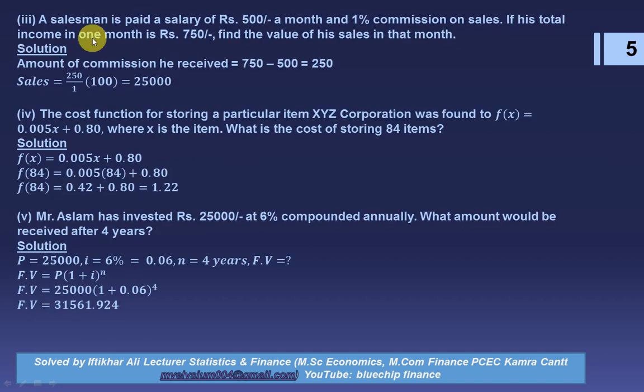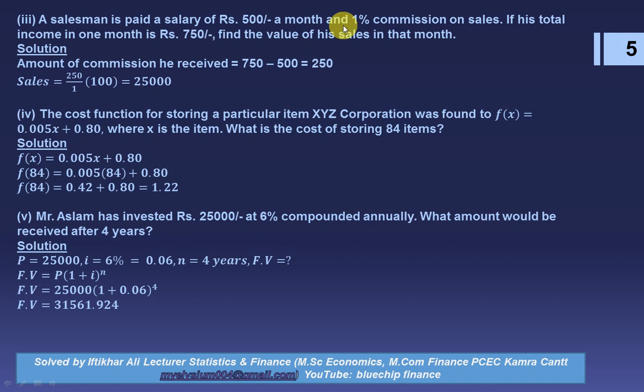Question number 3: a salesman is paid a salary of rupees 500 a month and 1% commission on sales. If his total income in 1 month is rupees 750, find the value of his sales in that month. In fact, commission amount is 250 because 500 is fixed salary. So if he is getting 750, then the amount of commission should be 250.